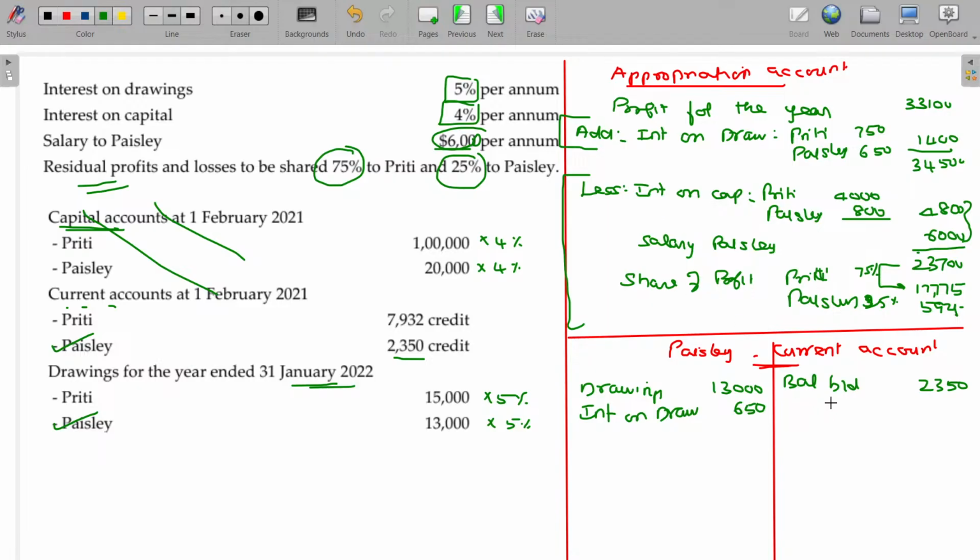And all the deductible items should be in the credit side. As you are deducting, it is meant for the partners only. So it is going to be added to the partners capital account. So interest on capital only for Paisley, which is 600. Salary 6,000. And share of profit. Profit share 5,925.